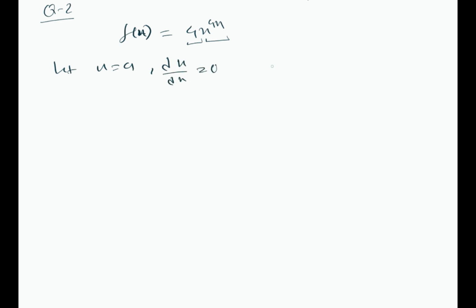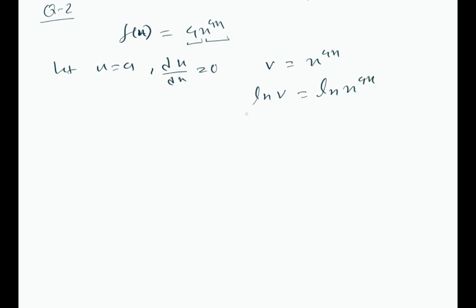Okay, then we have b, which is x to the power 4x, right? And because we cannot differentiate it easily, we need to apply ln on both sides. So ln of b is equal to ln of x to the power 4x, right?